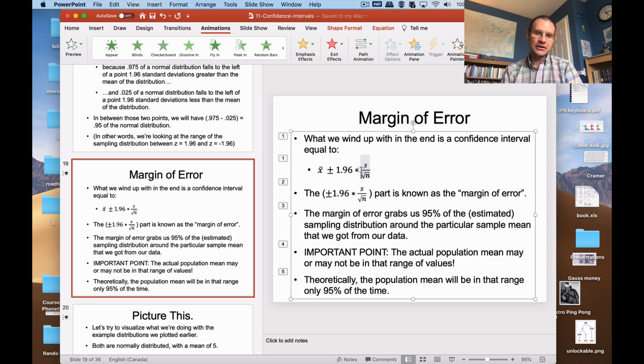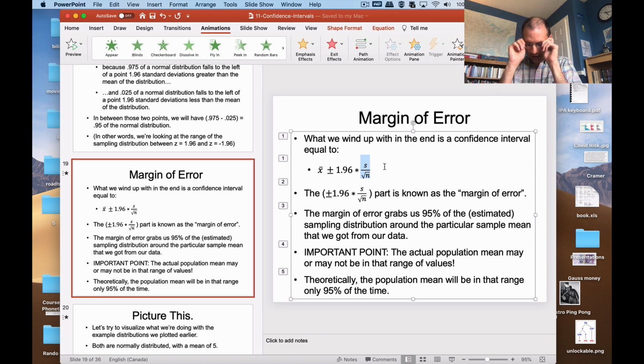The part that's interesting here that I wanted to focus on for a bit is this sample standard deviation S divided by the square root of n, the number of items in the sample. That part, we said, is called the standard error, which also happens to be the standard deviation of the sampling distribution.